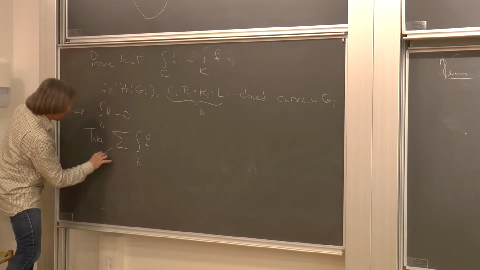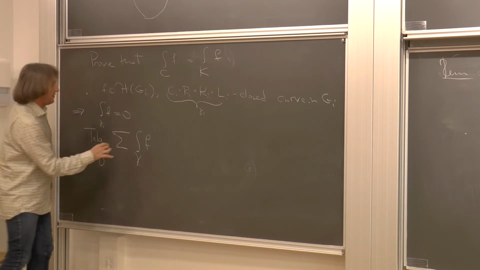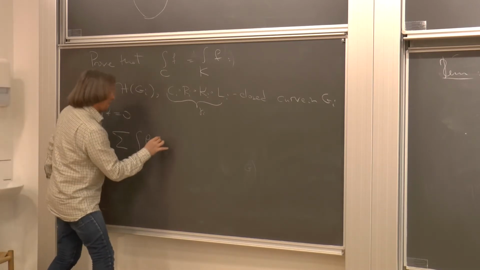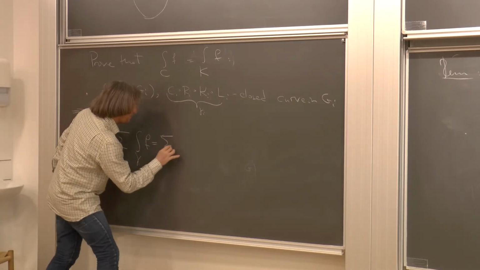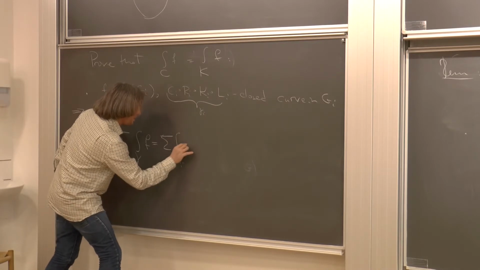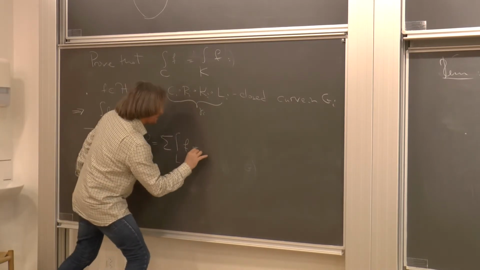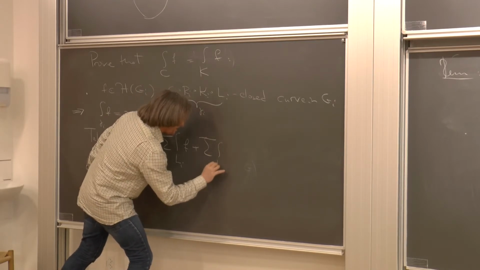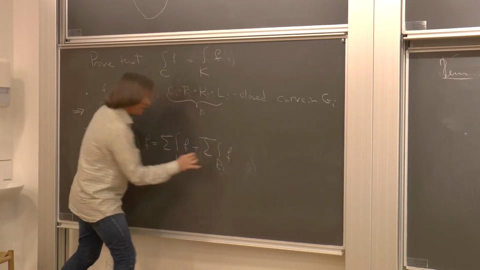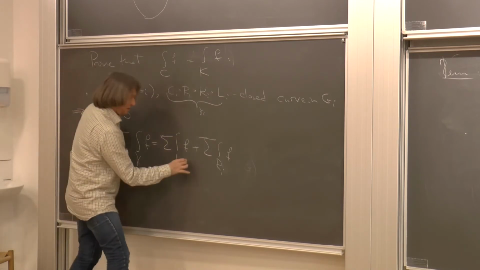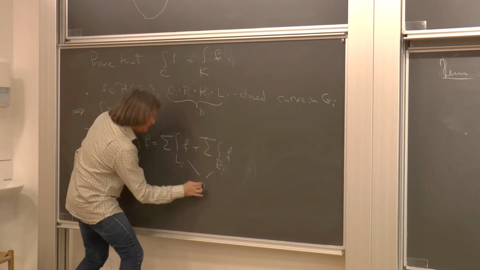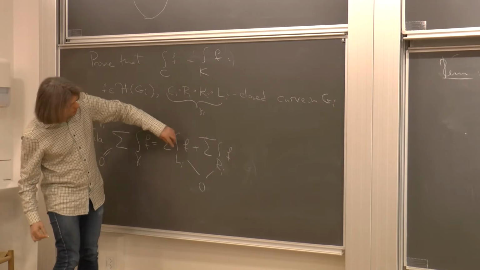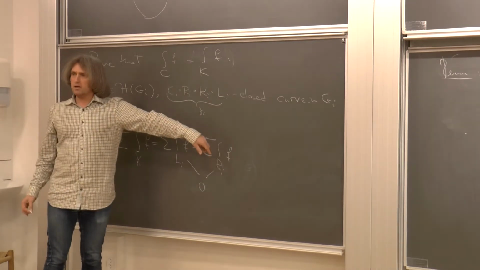On one hand it's 0, on the other hand it's the sum of integrals over Li of f plus the sum of integrals over Ri of f, and these cancel out, together give 0, because Ri is the same as Li plus 1.